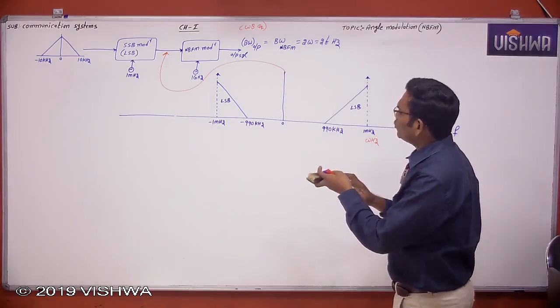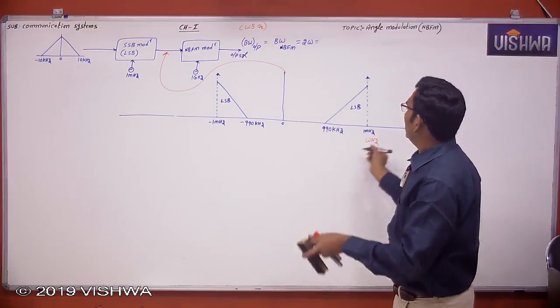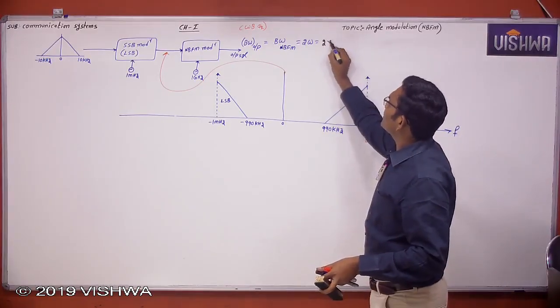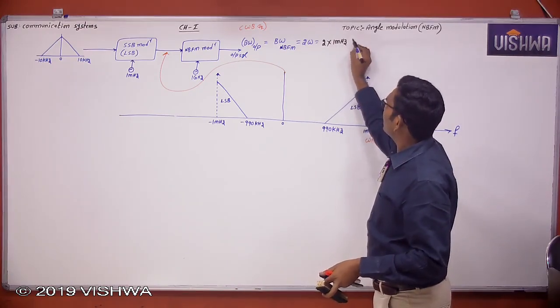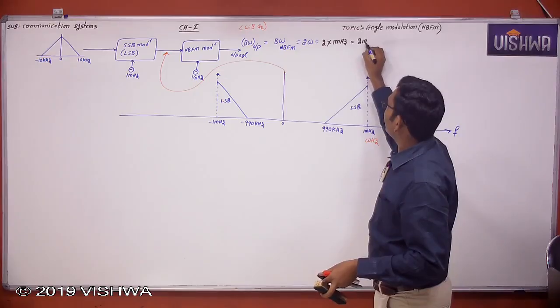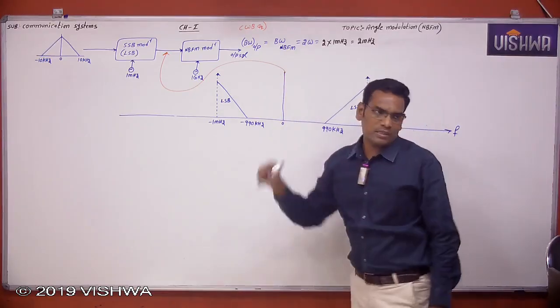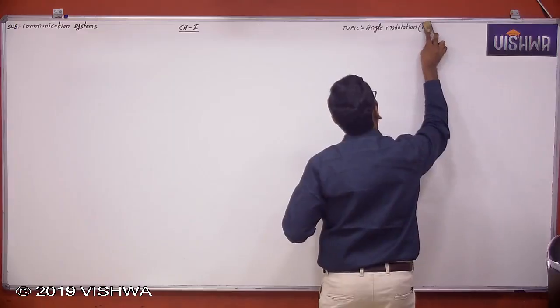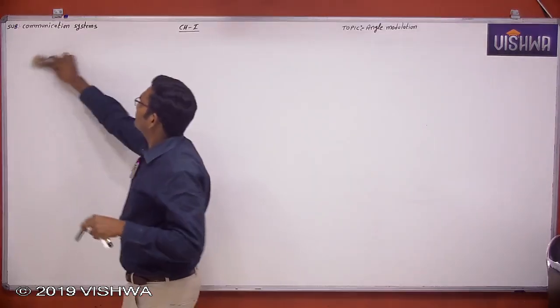The bandwidth is 2 omega because this is multi-tone. So 2 omega. The highest frequency present in the given signal is 1 megahertz, so 2 megahertz is the bandwidth of the output signal component.